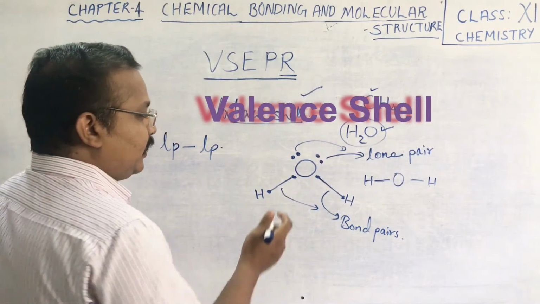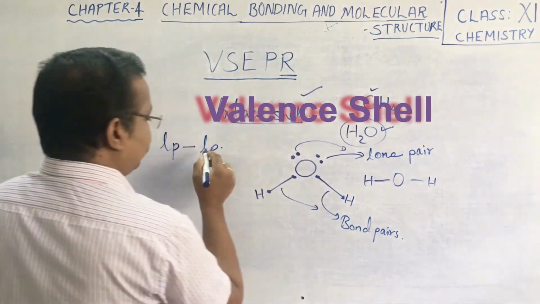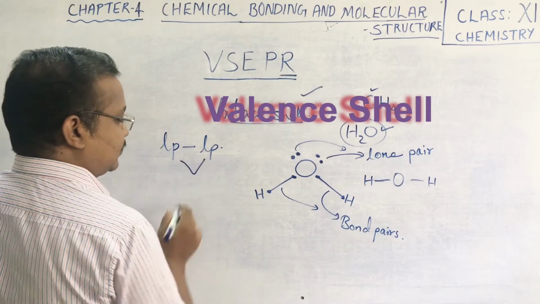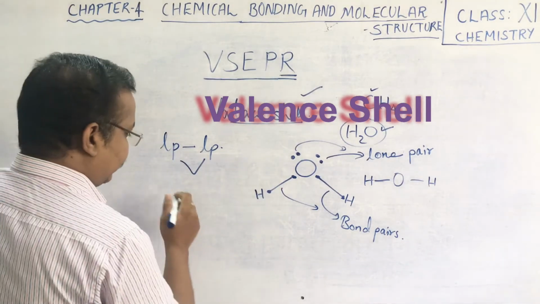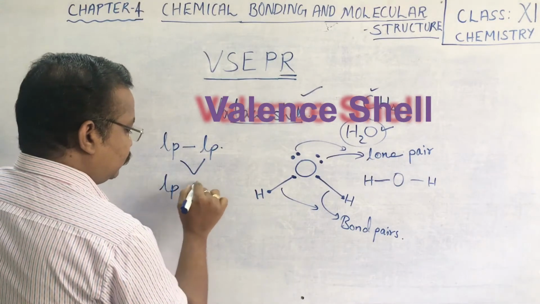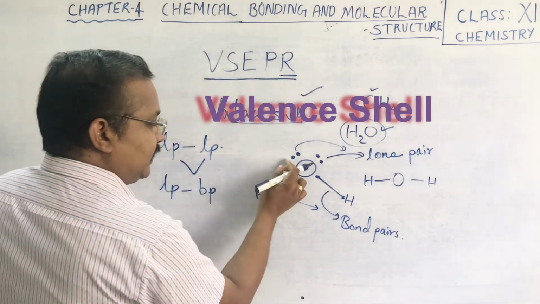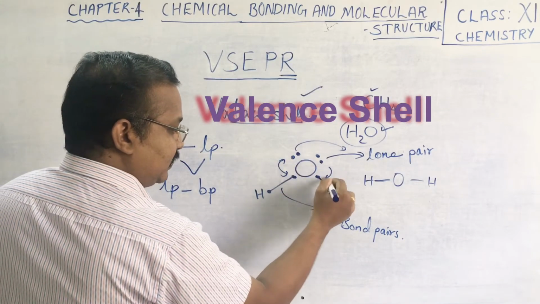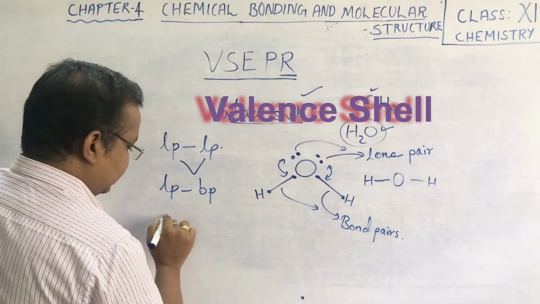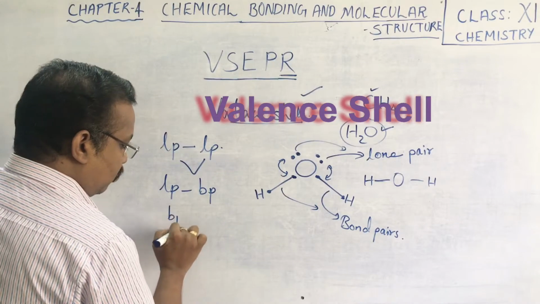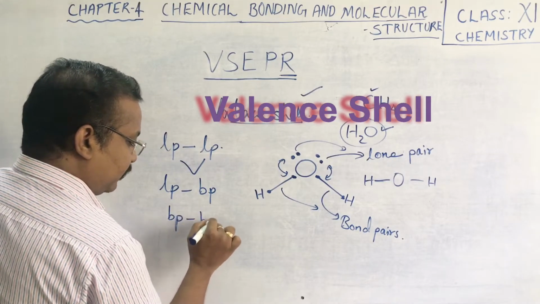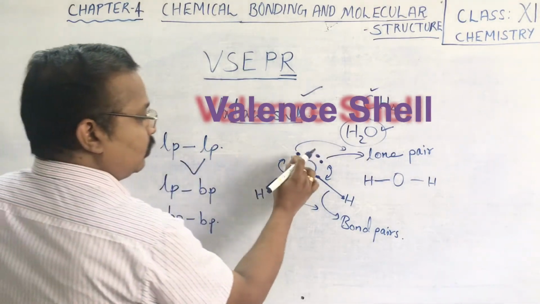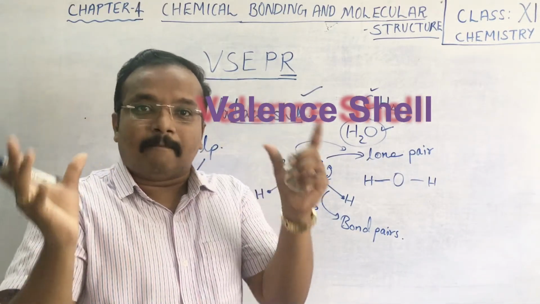Lone pair repulsion is the highest, the maximum, as compared to lone pair to bond pair. There is a repulsive force between lone pair and bond pair, as well as repulsion between bond pair and bond pair. But among these 3, lone pair repulsion is maximum.